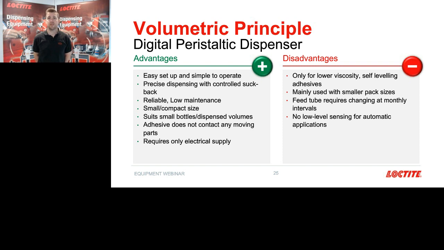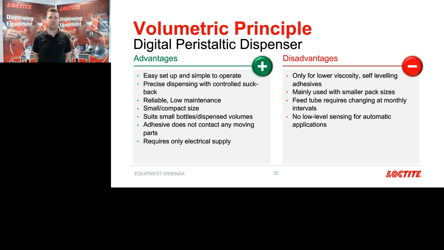The unit itself is designed to be an industrial unit, so it's extremely reliable and it's very low maintenance. It's nice and small and compact, so it's easy to place on a workstation. It's not very intrusive into your work area, and it's also nice and portable. And it suits smaller bottles and typically smaller dispense volumes.